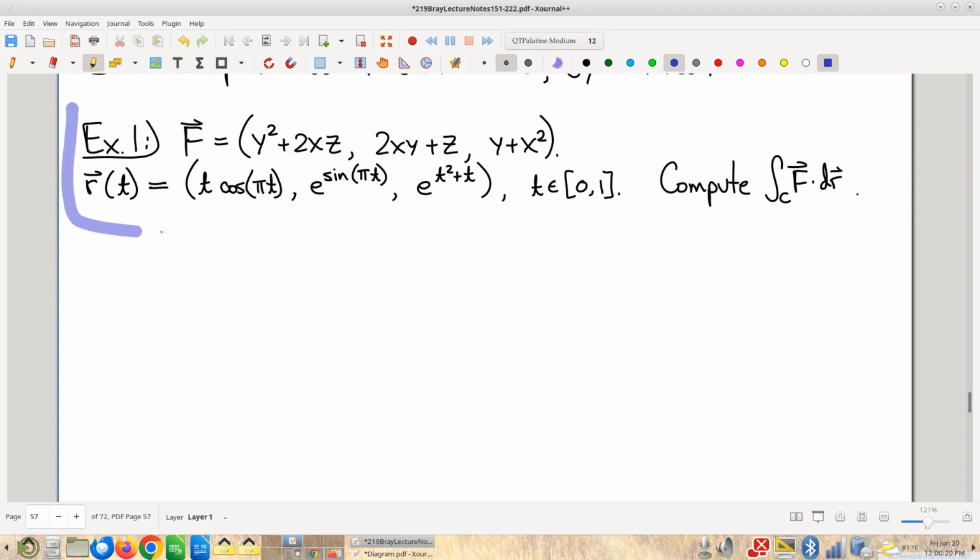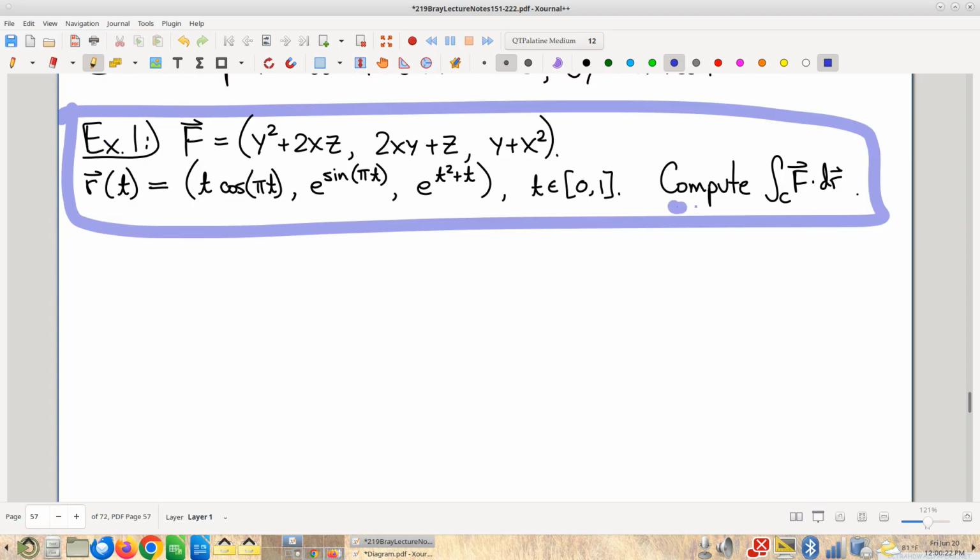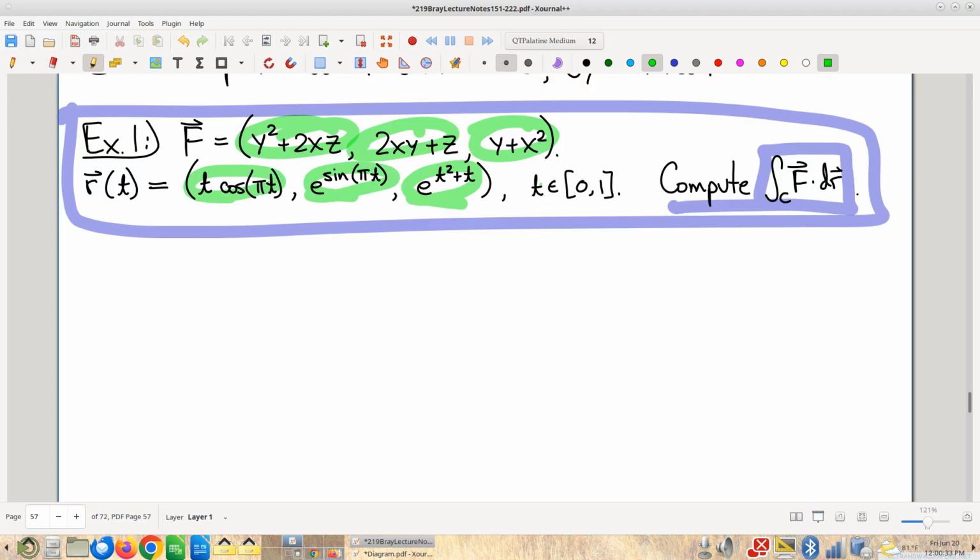here's a question. It says compute a line integral. By the way, I noticed that this vector field has 3 coordinates. I noticed that my parametric curve has 3 coordinates. I even notice, not that this is the deal breaker, that there are x, y, and z in these expressions, which means there's at least 3 dimensions to be worried about.